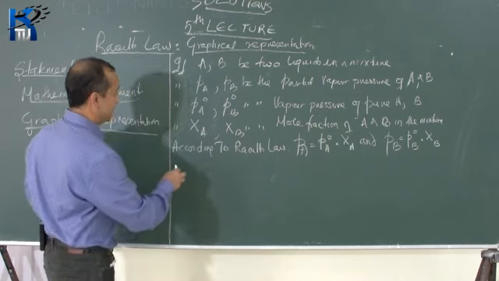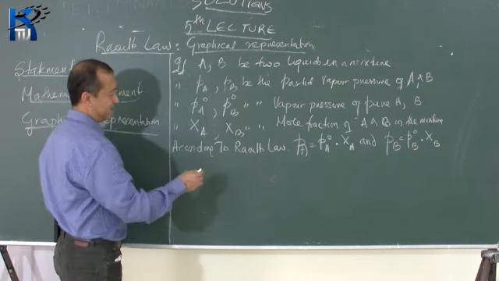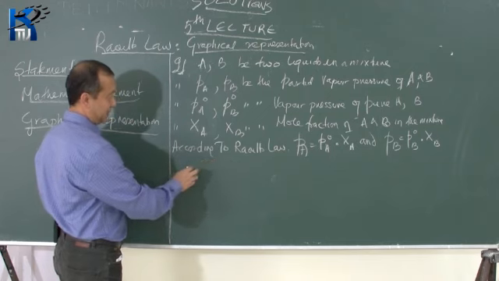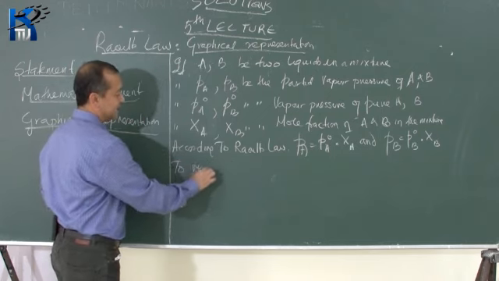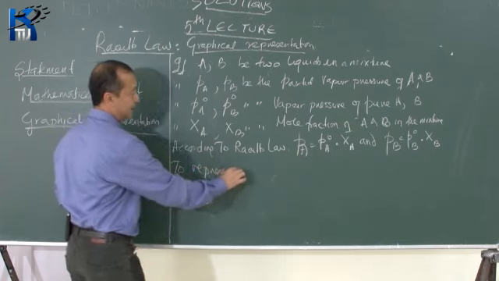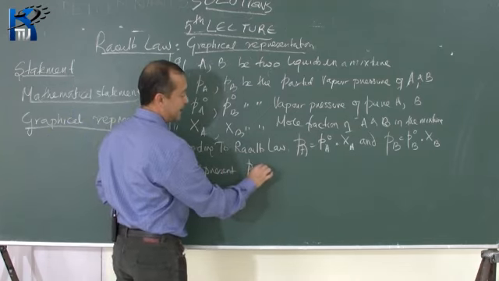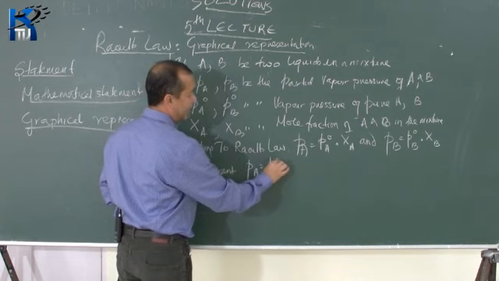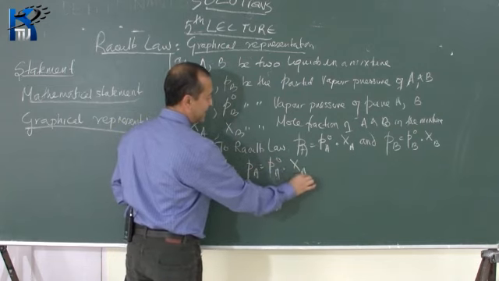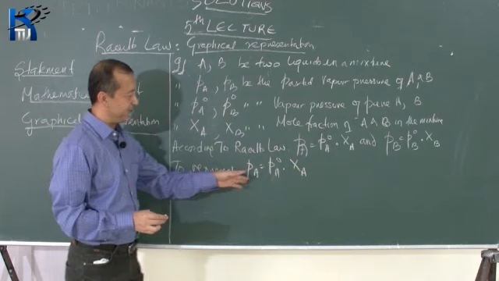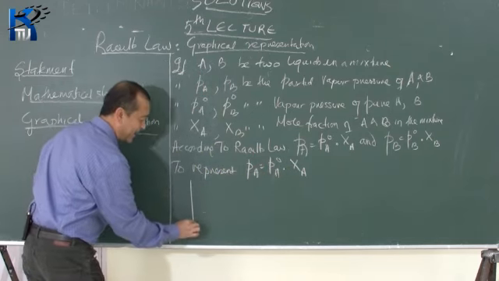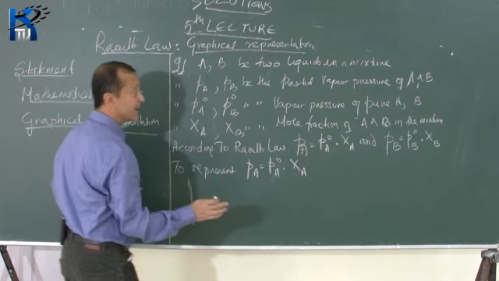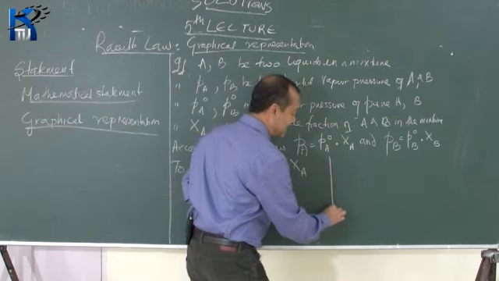Now, first of all, let's represent PA equal to PA naught into XA. Supposing I want to represent only this, PA is equal to PA naught XA, then what I can do is make a graph here. I can make two axes.